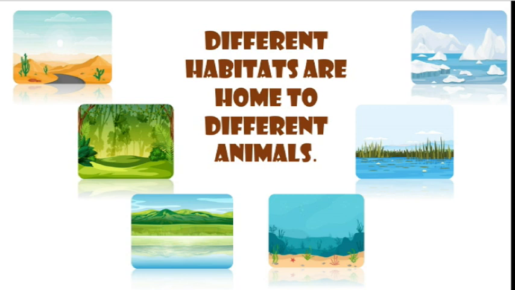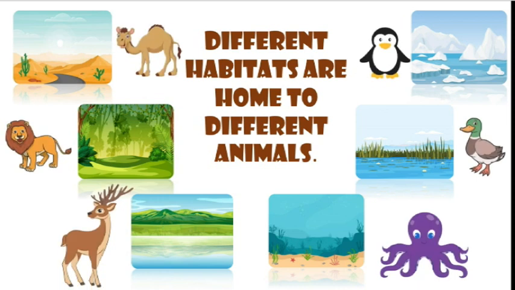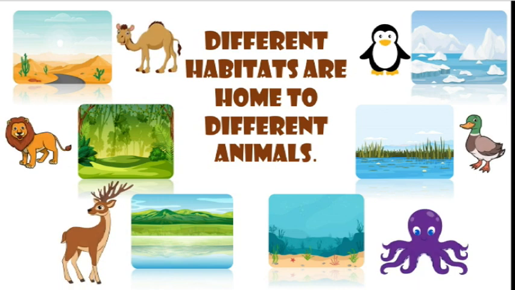In each of the given habitats there are certain animals that live there, such as, yes, a camel lives in a desert. However, a lion lives in a forest. A penguin lives in a polar region, but a duck lives in a wetland.